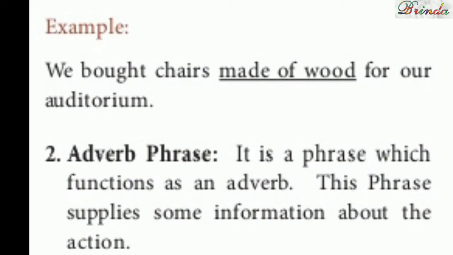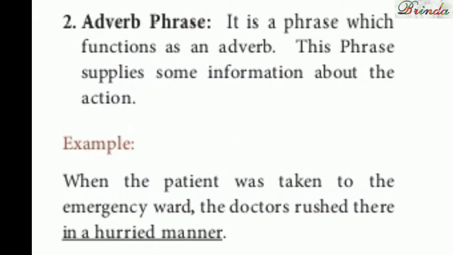Next one is adverb phrase. It is a phrase which functions as an adverb. The phrase supplies some information about the action. ஸோ adverb phrase இருக்குது, adjective phrase இருக்குது. ஒரு வேர்புக்கு சொல்லும்போது அது adverb ஆகுது, நவுனுக்கு சொல்லும்போது adjective மாறுது. Okay, example 1. When the patient was taken to the emergency ward, the doctors rushed there in a hurried manner.